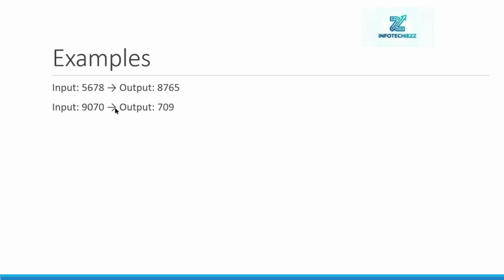And for 9070, we get 709, because 0 has no value if it is in the first position. If we remove the 0, we get 709. So leading zeros disappear automatically. This is normal behavior in integers.